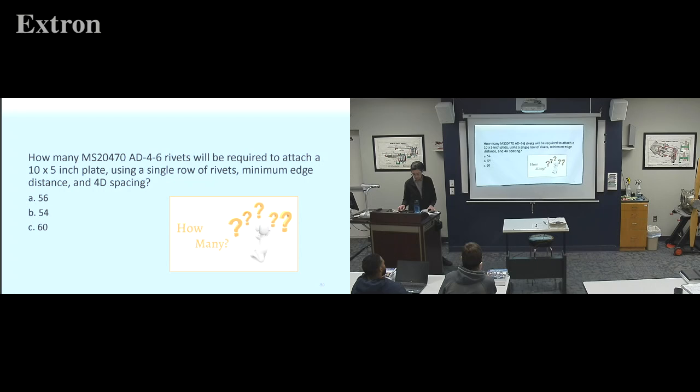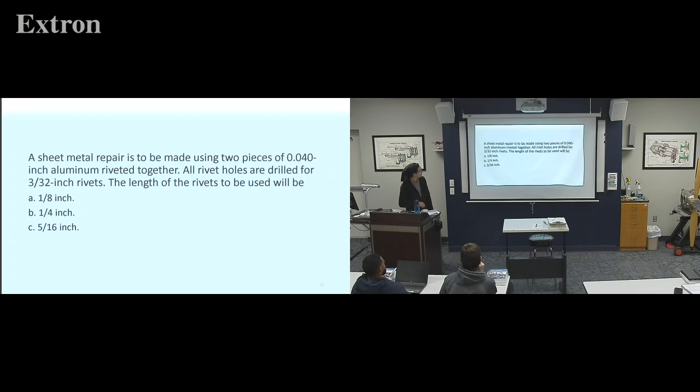Next one is: a sheet metal repair is to be made using two pieces of 40 thousandths inch aluminum riveted together. All rivet holes are drilled for 3/32 inch rivets. The length of the rivets to be used will be what?